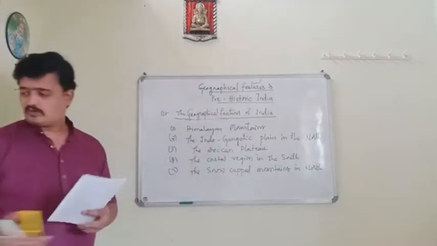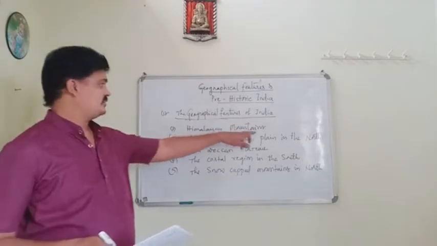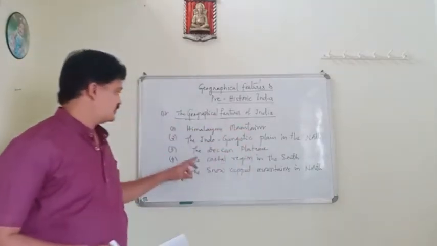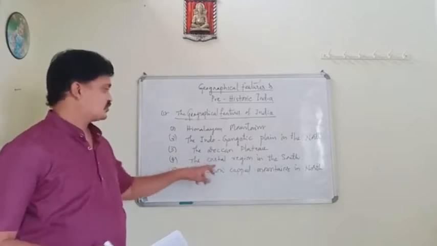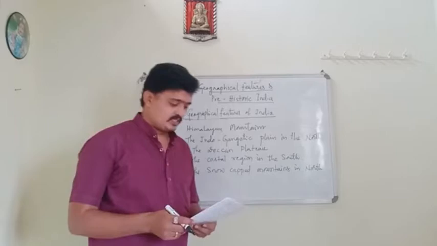These are the geographical features of India. Which are they? The Himalayan mountains, the Indo-Gangetic plain in the north, the Deccan plateau, the coastal region in the south, and the snow-capped mountains in the north.